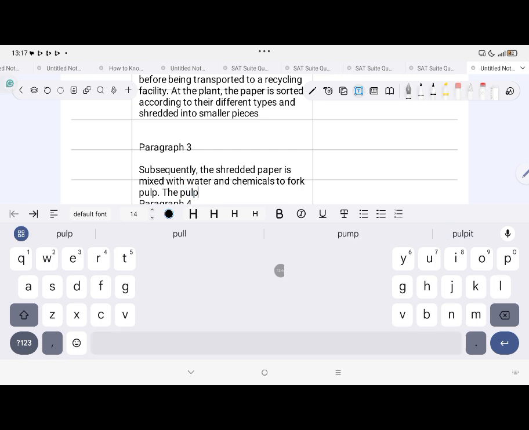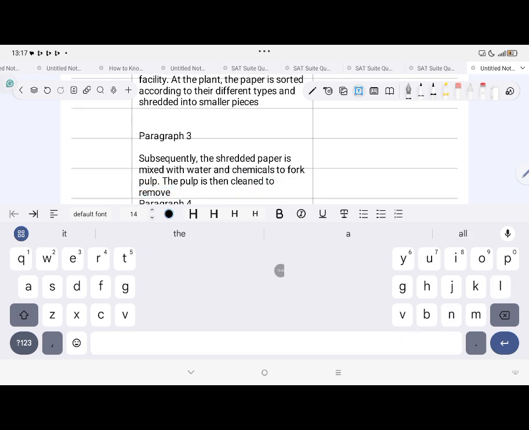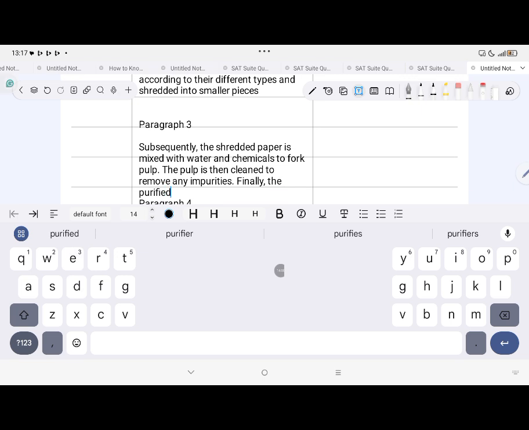The pulp is then cleaned to remove any impurities. Finally, the purified pulp.